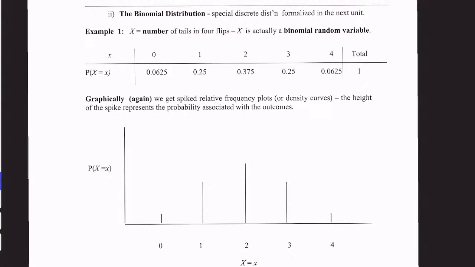Is that always visible in a binomial distribution? Well, no, but anyway, let me show you the graph first. This is the graph for the binomial. You see the spikes, and it appears symmetric. So is our binomial distribution always symmetric?